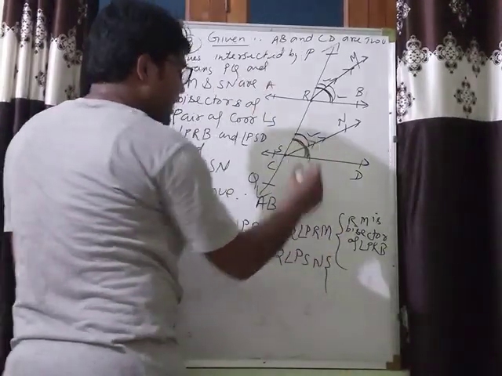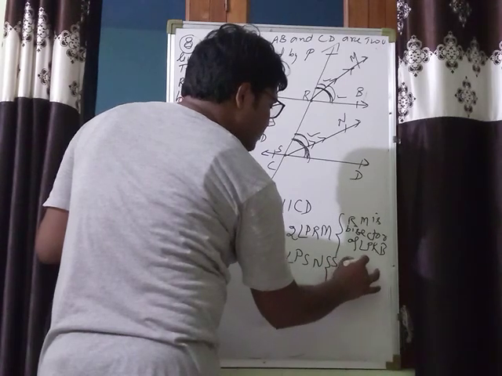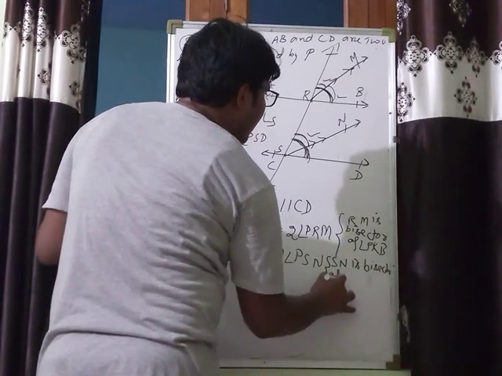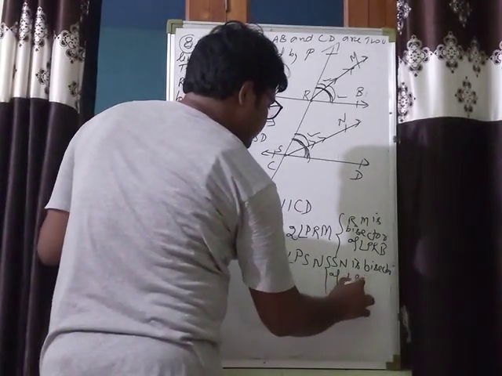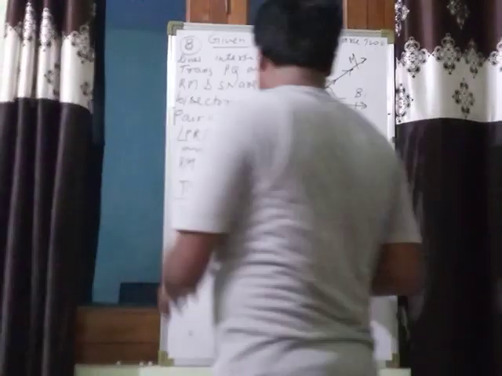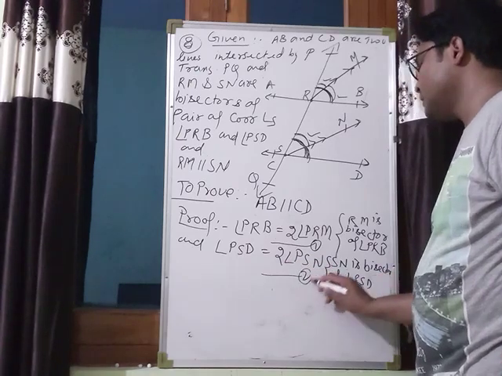That is SN is bisector of angle PSD. Okay? Now we will use this. Suppose this one is first and this one is second.